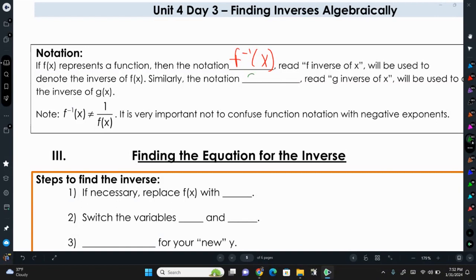And then g inverse of x would be like that. And it's important to note that this does not mean the same thing as a negative exponent, where with negative exponents we would just put that into the denominator. It's not a negative exponent. It is to note that this is the inverse function.